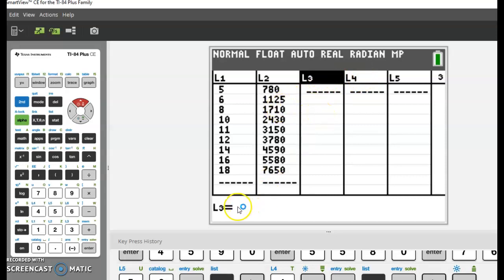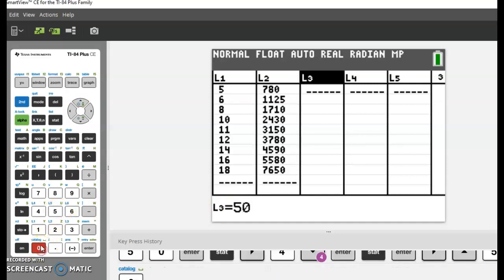So let's start by typing in our equation for our line of best fit, 501.736. Now, I don't want to put in x. I want to put in L1 because my x values are in list 1. If you put x, you'll get an error. Oh, I missed a number.